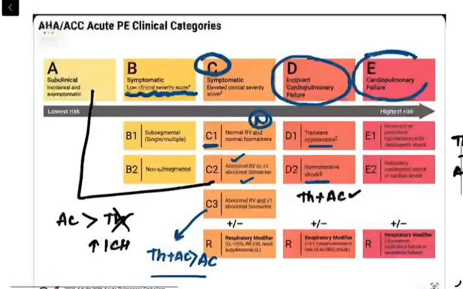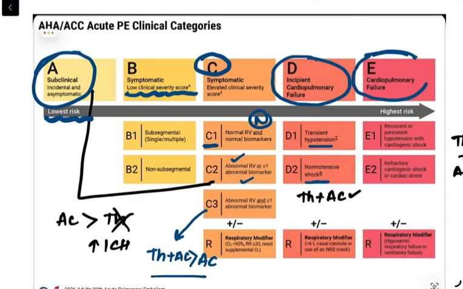In detail, A is asymptomatic and has the lowest risk. The categories are divided from the lowest risk to the highest risk. A consists of lowest risk, B is symptomatic with a low severity index, and C is symptomatic and further divided into C1, C2 and C3. In C1 there is normal RV and normal biomarker.